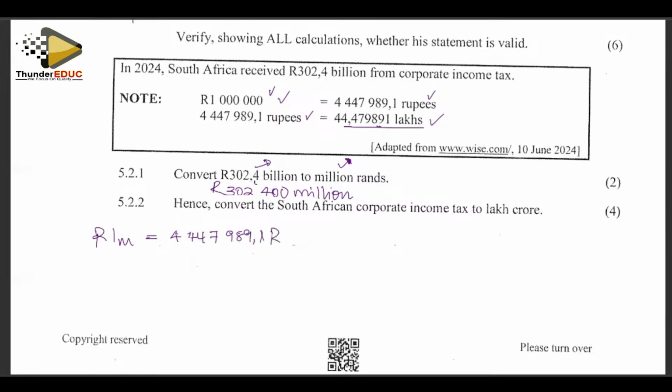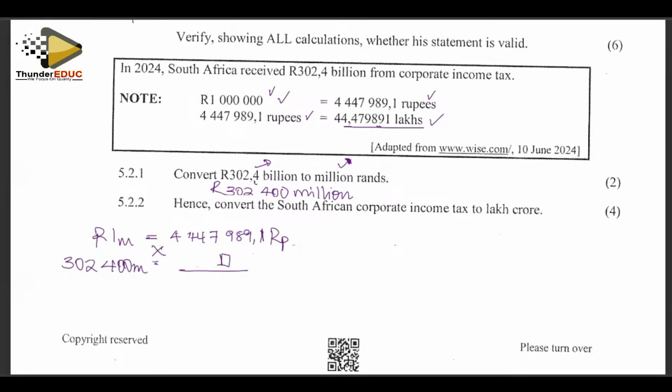These are rupees. Now, these are rupees, 1 rand, 1,000,000 rand. This is million. Now, where you have 300 and million, what will it be in rupees?